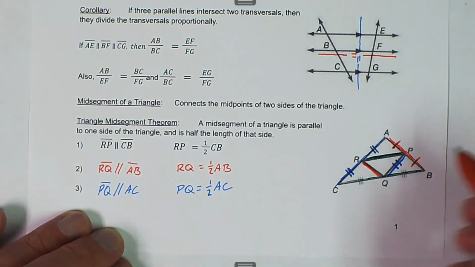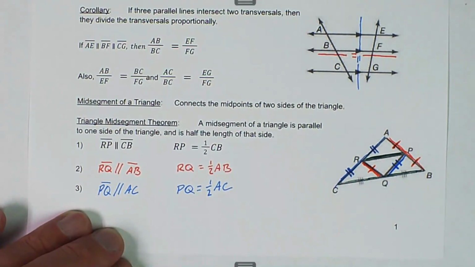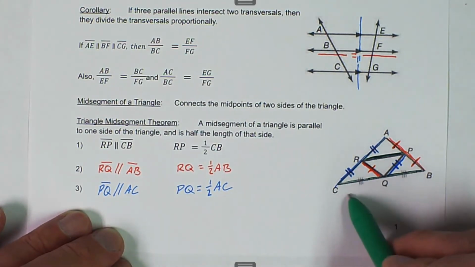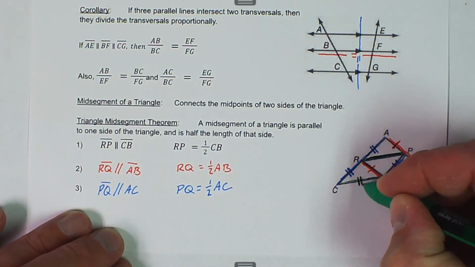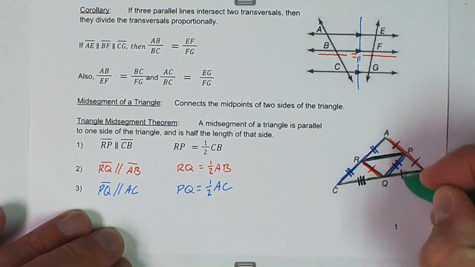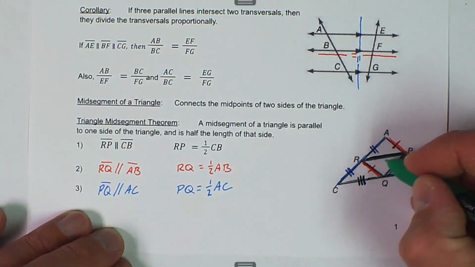AB is cut in half. So RQ is congruent over there. And then the last one we have where CB was cut in half, and this one has three congruent marks on it. And because RP is half the distance, this is also congruent.